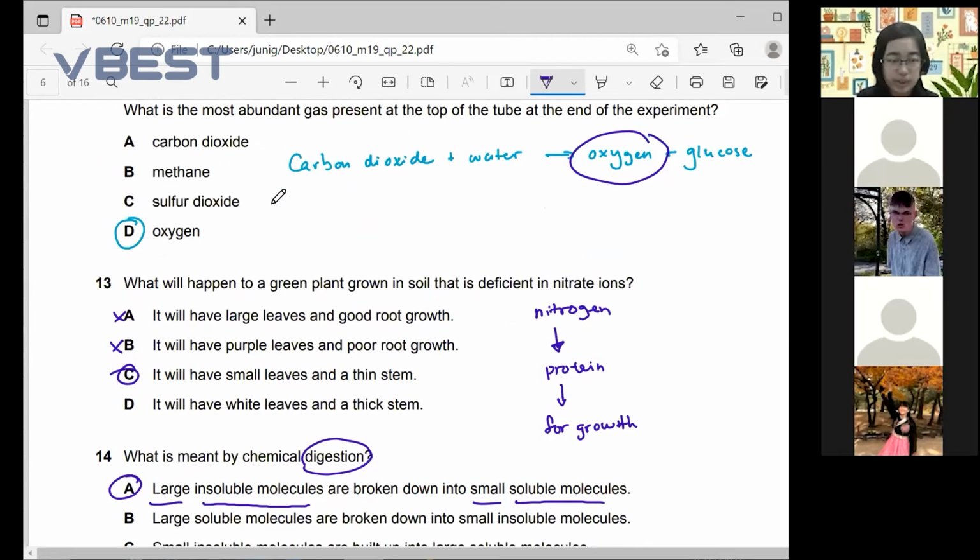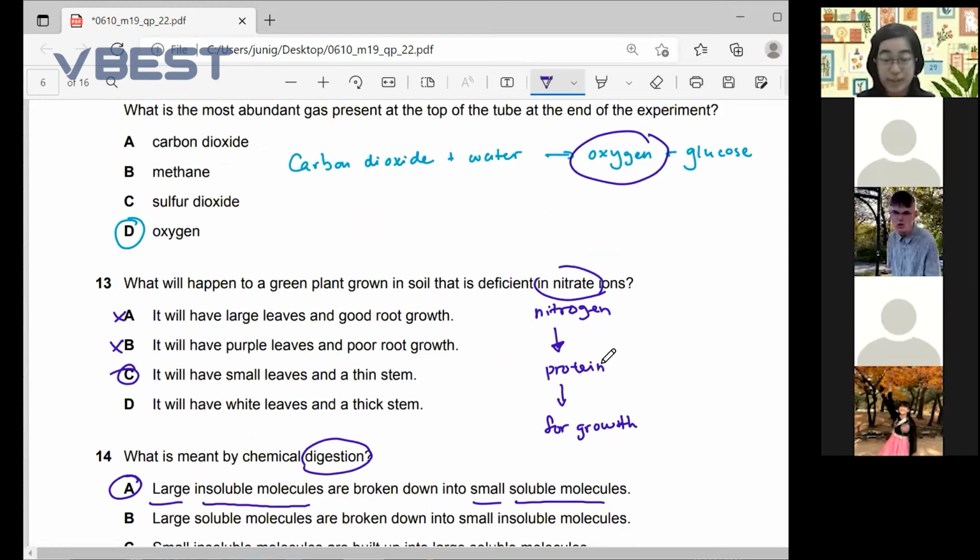Oh, you want me to explain again? For question 13, nitrate ions is nitrogen. It's the nitrogen element that is used to make amino acids. Amino acids are used to make protein, and protein is needed for growth.